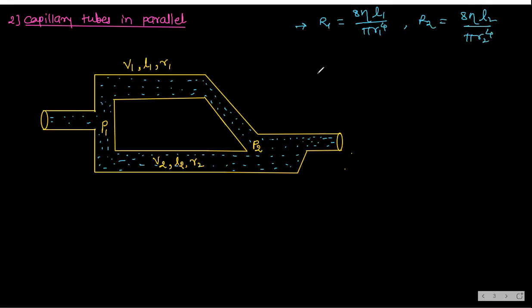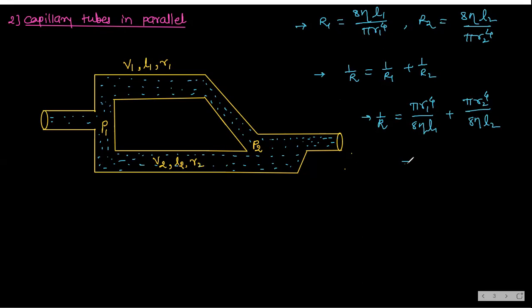Now as these two are parallel, so that's why 1 by R is equal to 1 by R1 plus 1 by R2. Same like you have learned in 10th class this formula, resistance in parallel and series. So that's why 1 by R is equal to pi R1 power 4 divided by 8 eta L1 plus pi R2 power 4 divided by 8 eta L2.